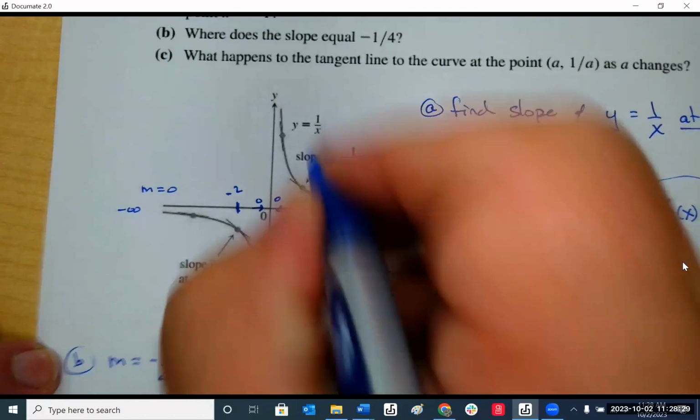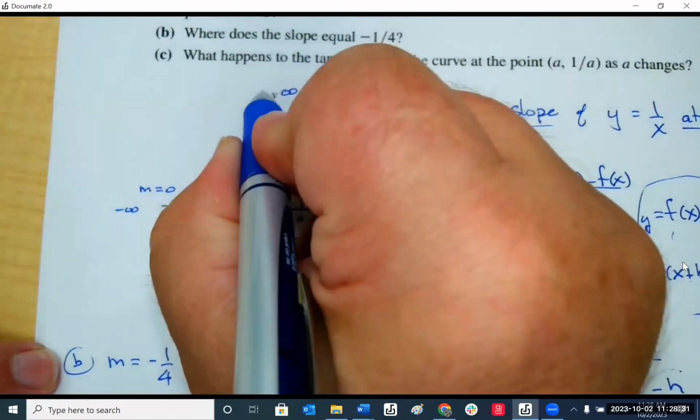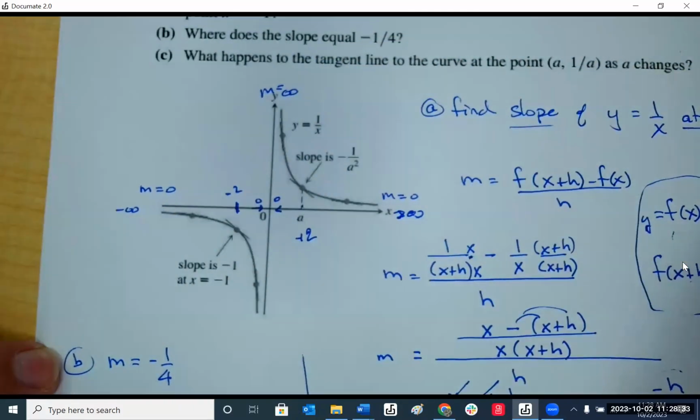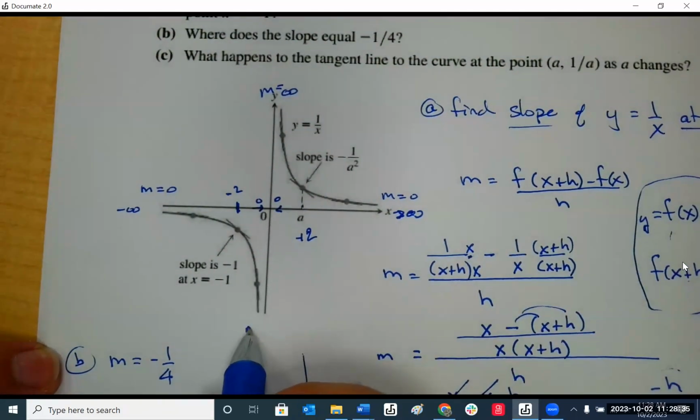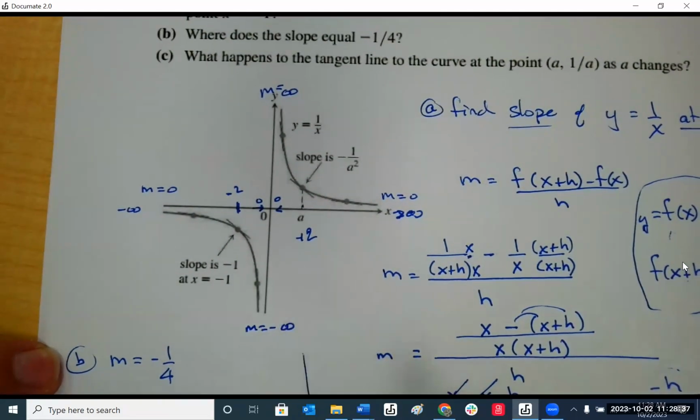If it goes from the right, then we have a positive infinity. And then we have a negative infinity from the left, because it becomes vertical lines there.